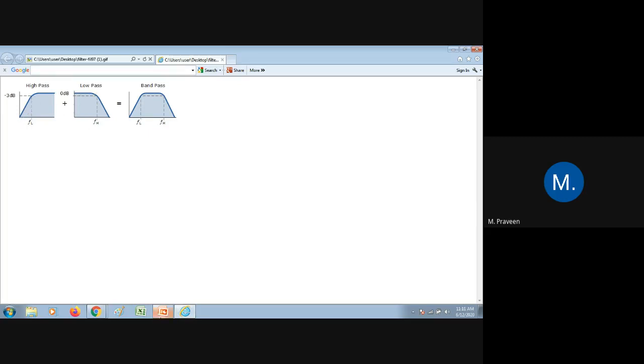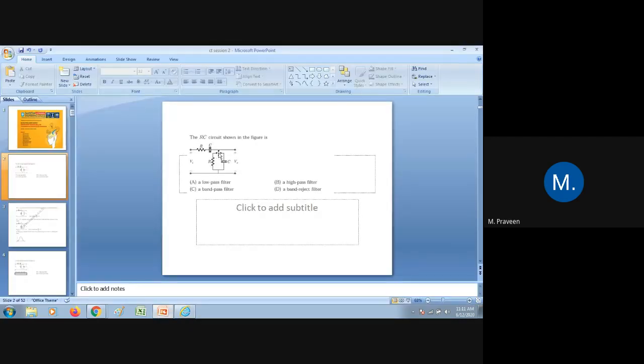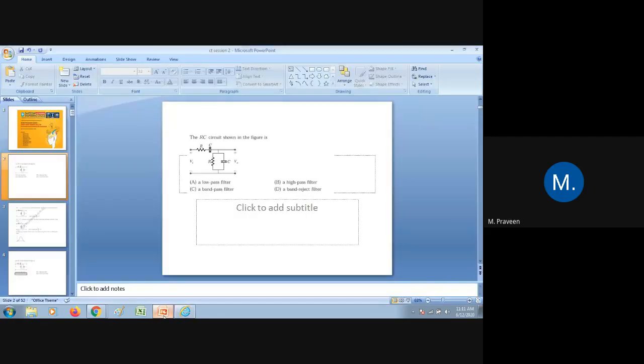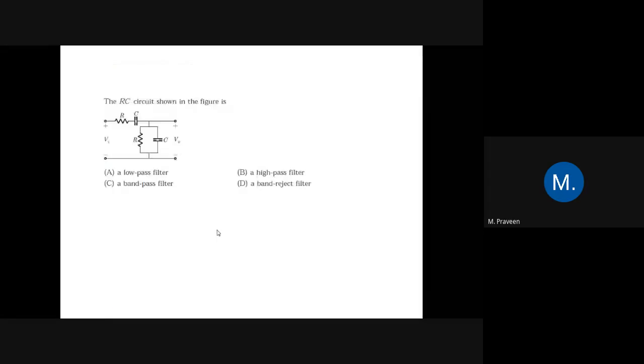The second part is the low pass filter, whose response will be allowing frequencies below its cutoff. So above FL you have the high pass response, and then the low pass response like this. If you cascade these two, you'll get the overall response of the circuit. This is similar to a band pass filter, that is, it will allow the mid range of frequency. Therefore the answer is C.